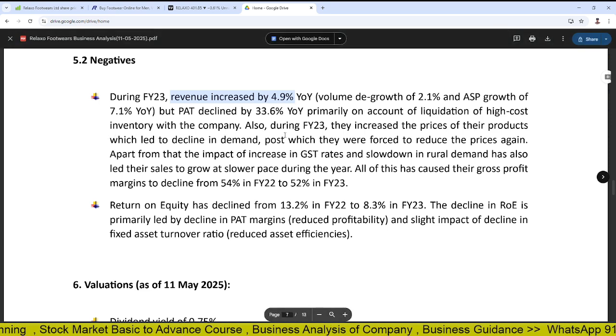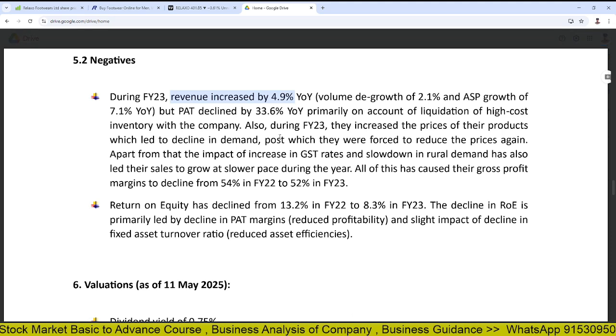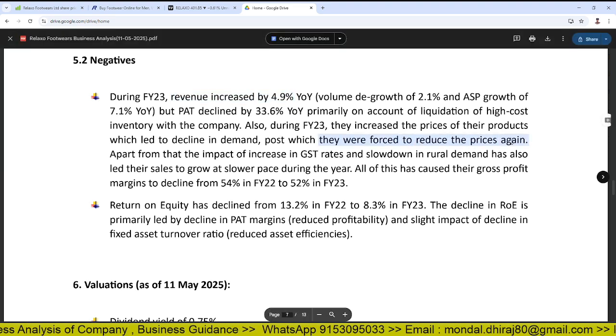And also during FY23, they increased the prices of their products, which led to a decline in demand, post which they were forced to reduce the price again. So this was the point.